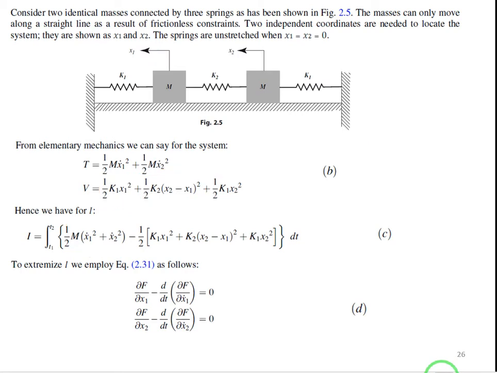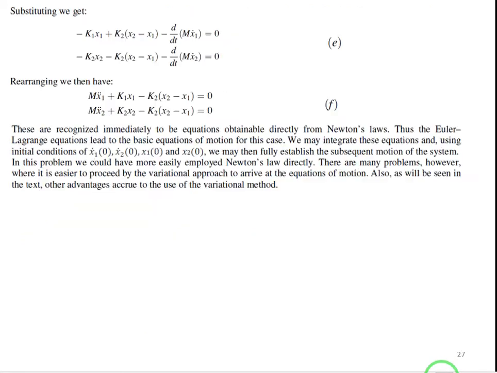By using derivations, we can easily obtain the equations of motion, as you can see here, and by rearranging the above equation, we can reach the final ordinary differential equations. We can see that we have two ODEs of order 2, and we need two initial conditions for each of the xi's.